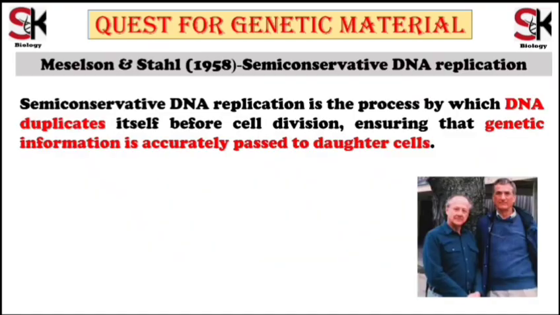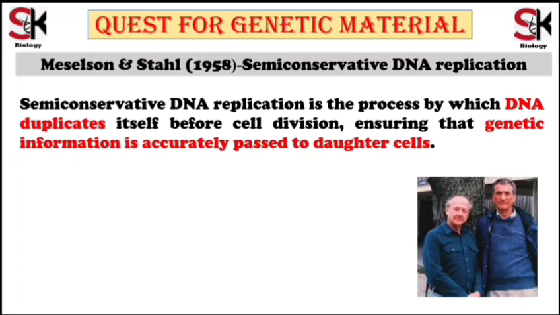In 1958, Meselson and Stahl studied the replication process of DNA, in which they found that semi-conservative is the process by which DNA duplicates itself before cell division, ensuring that genetic information is accurately passed to daughter cells.